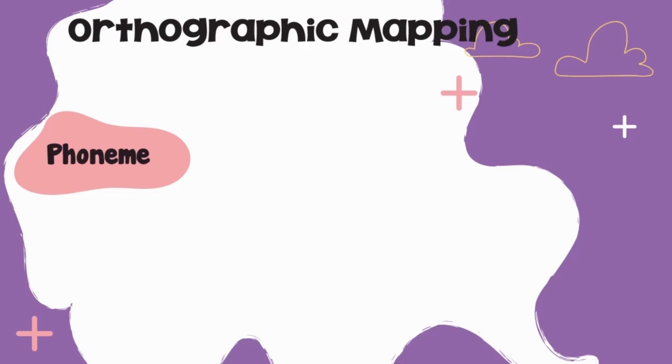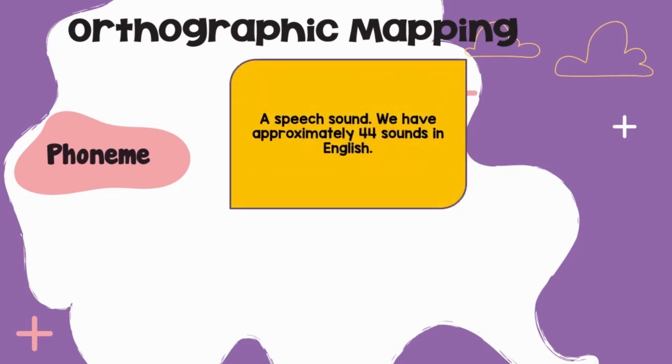First, we have to understand that orthographic mapping is connecting phonemes with graphemes. A phoneme is a speech sound. There are approximately 44 sounds in English that we use in our writing system, and we call those phonemes.